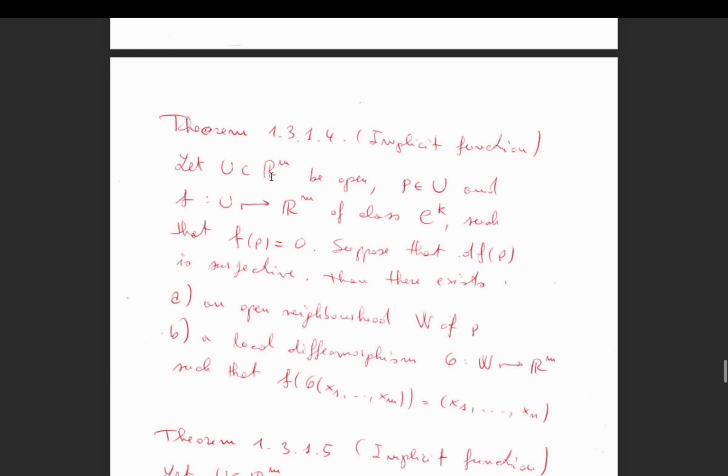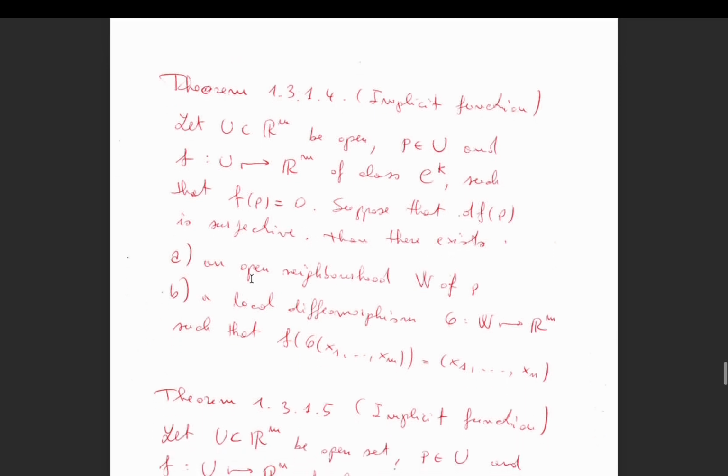Consider a point P over M and an open neighborhood U of P. Assume that f is a function from U to Rn, so it's a map from Rm to Rn. Assume also that f(P) is equal to 0 and the differential of f at the point P is a surjective map.